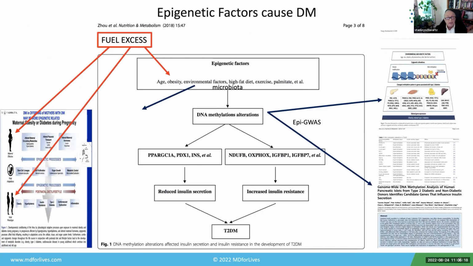It has been shown that these epigenetic factors cause diabetes. Of interest, fuel excess is a major issue. You can see that through pregnancy, and that can affect the risk of diabetes in the fetus in the future.